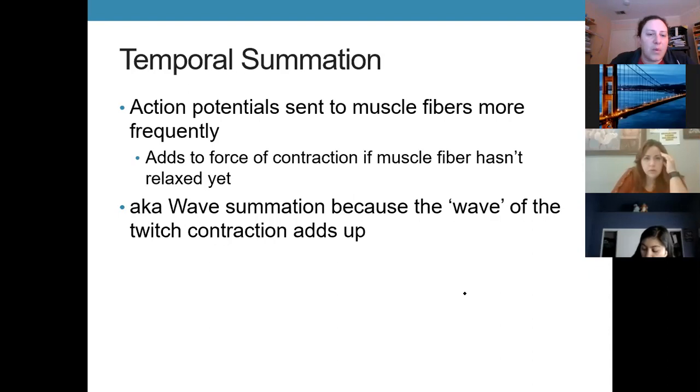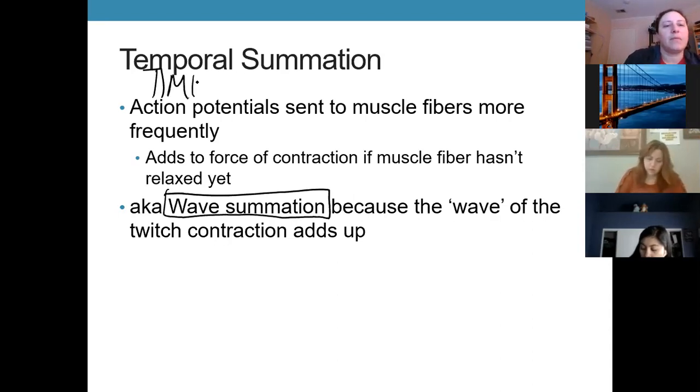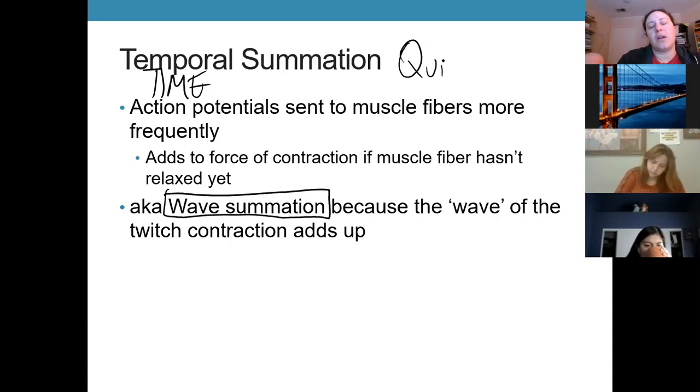That's temporal summation. Temporal summation is also called wave summation. Temporal means time, and it literally just means that we're adding stuff up over time. So this means quicker stimulus frequency.